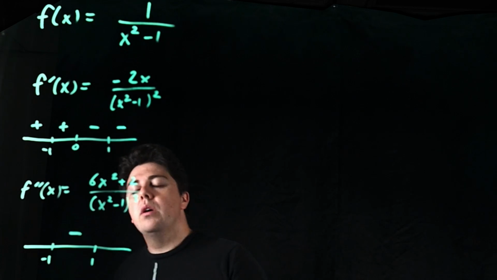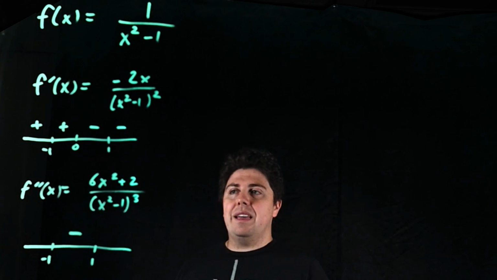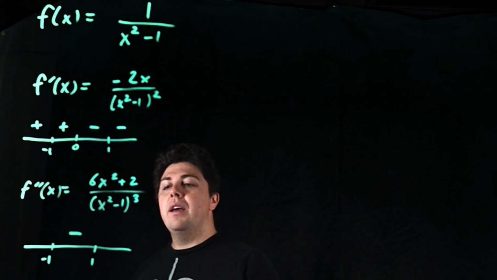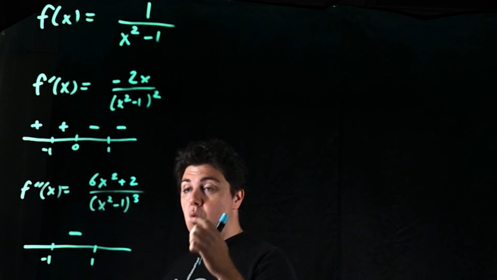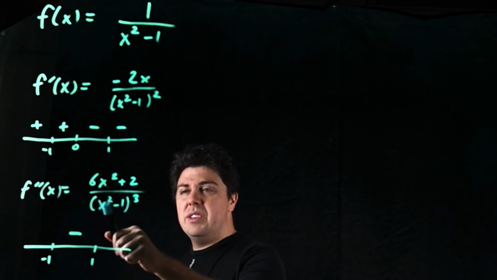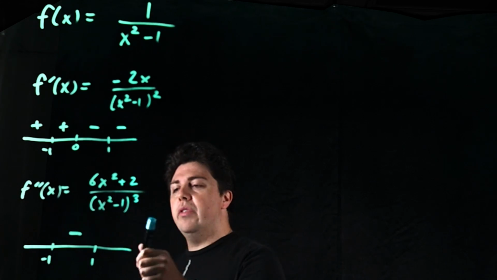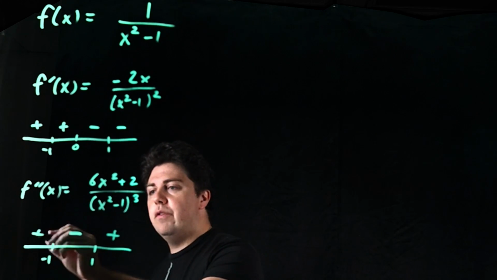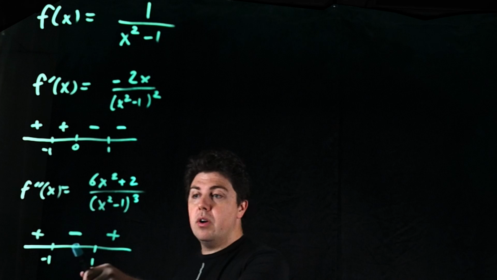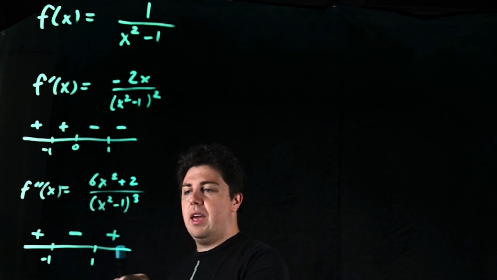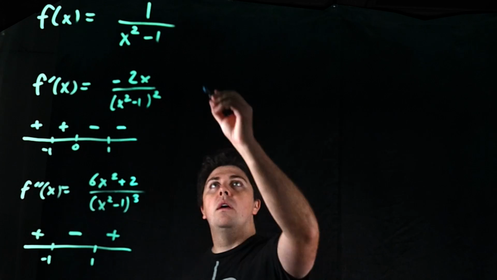So the second derivative is going to be negative here. For the same reason, if you're a number greater than 1 or less than minus 1, the denominator is going to be positive, and so will the numerator. We're going to be positive here and here. So we're going to be concave down on this range and concave up on these ranges.